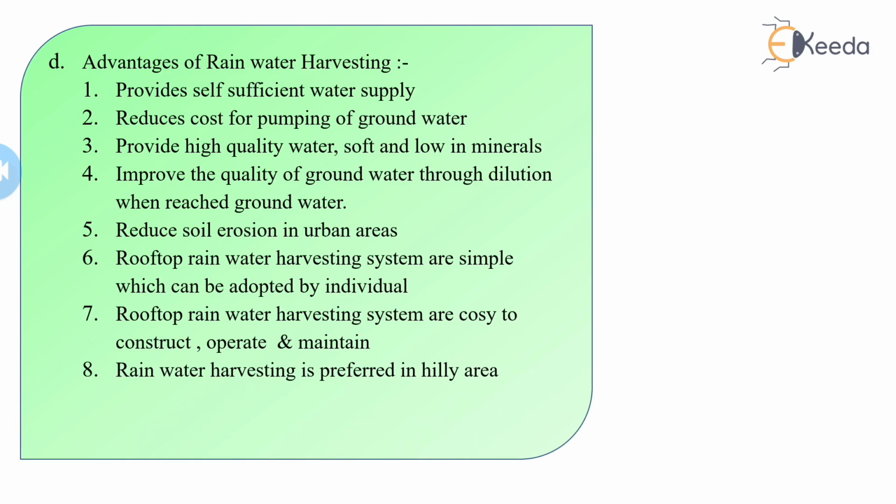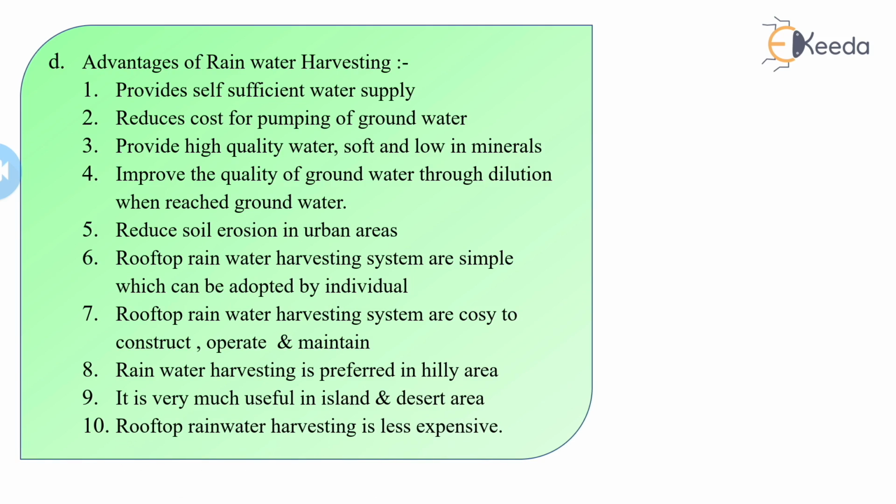Then rainwater harvesting is preferred in hilly areas also. It is very useful in islands and desert areas also. Then rooftop rainwater harvesting is less expensive. So these are the total eight to ten advantages of rainwater harvesting.